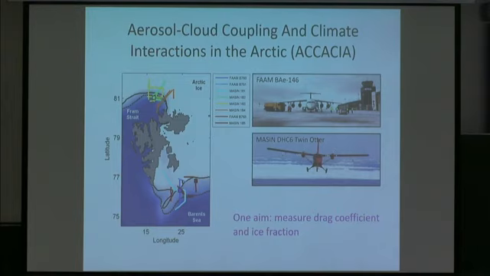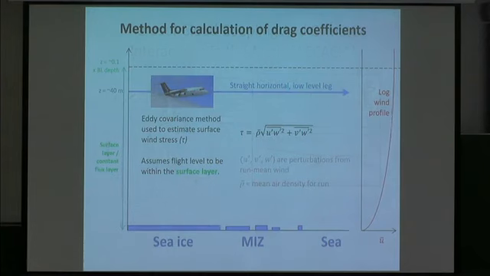So we had two different aircraft, as you can see there, and we flew around 8 flights in areas. These are all the low-level legs. This is sea ice here, and on one particular, I think, mean over the period, and this is the maximum and minimum extents of the marginal-ice-zone during, this was March and April 2013.